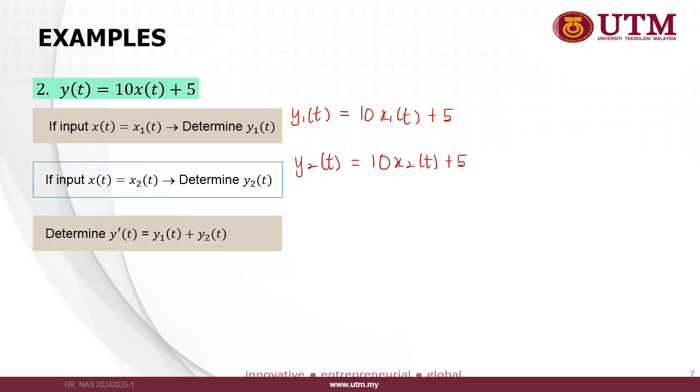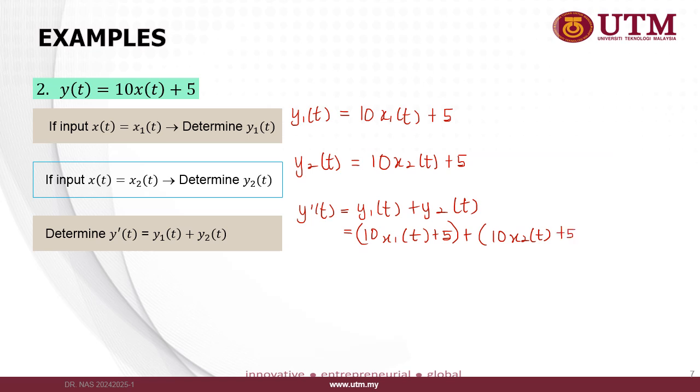The third step, determine y prime (t). You need to add both y1 and y2. So y prime (t) equals y1(t) plus y2(t). In this case, it is equal to 10x1(t) + 5 plus, this is your y1(t), 10x2(t) + 5.